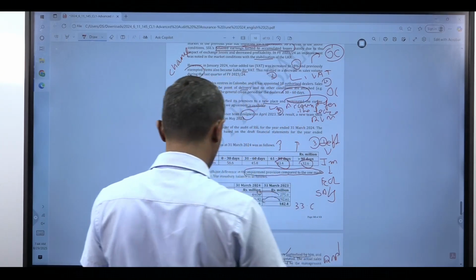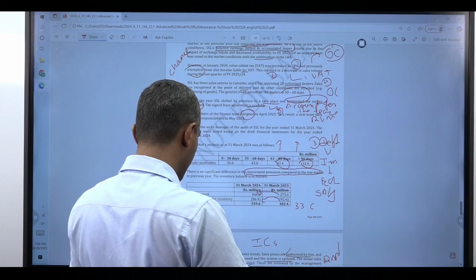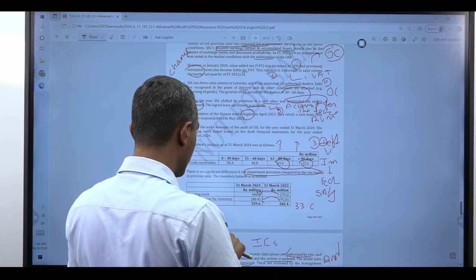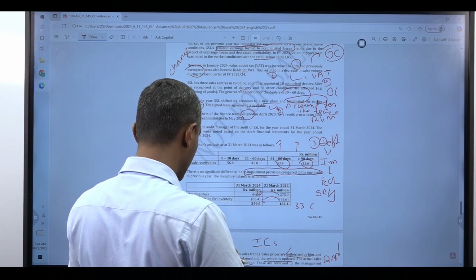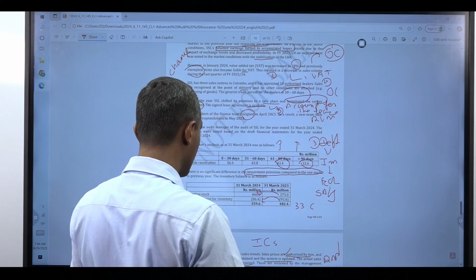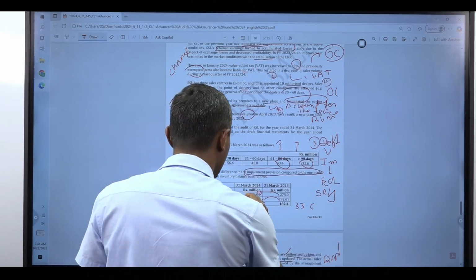And now the inventory value 86.4 divided by, because the inventory value has increased, right? So that is only 19%.